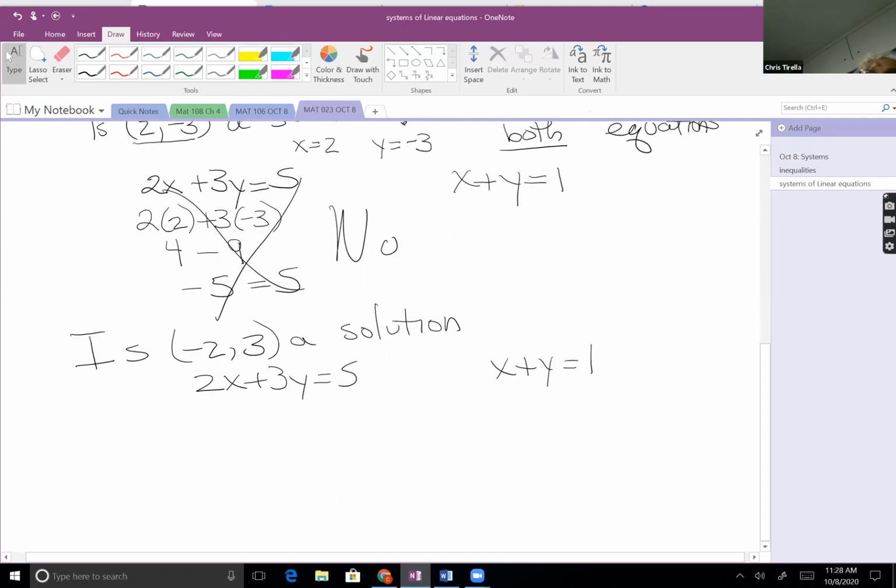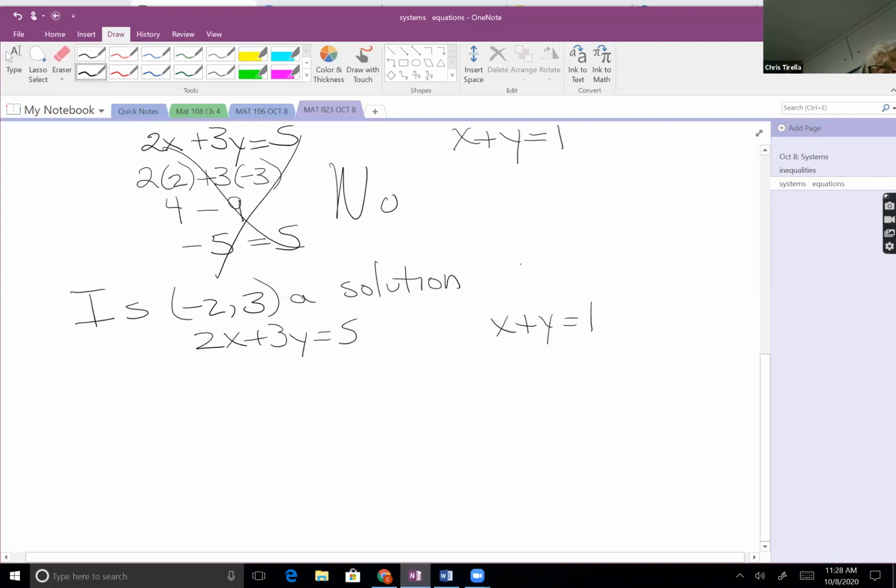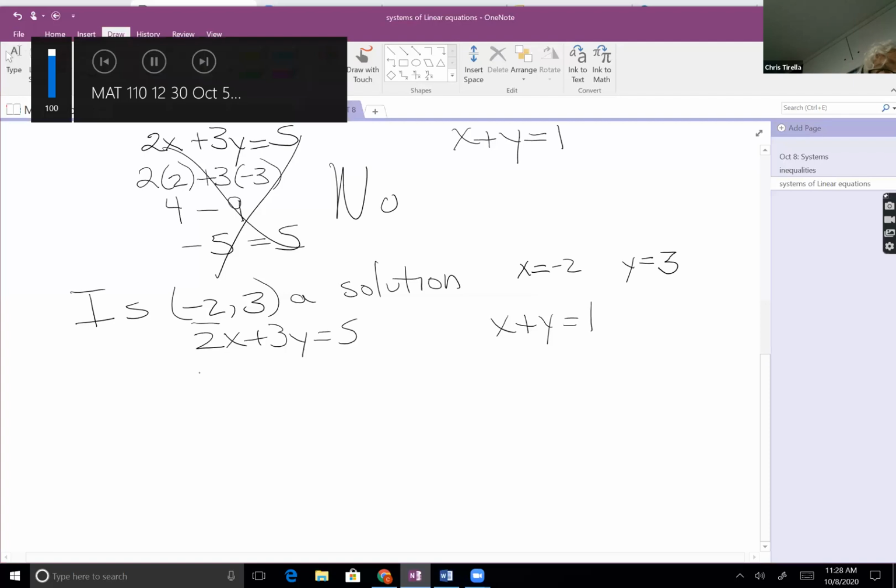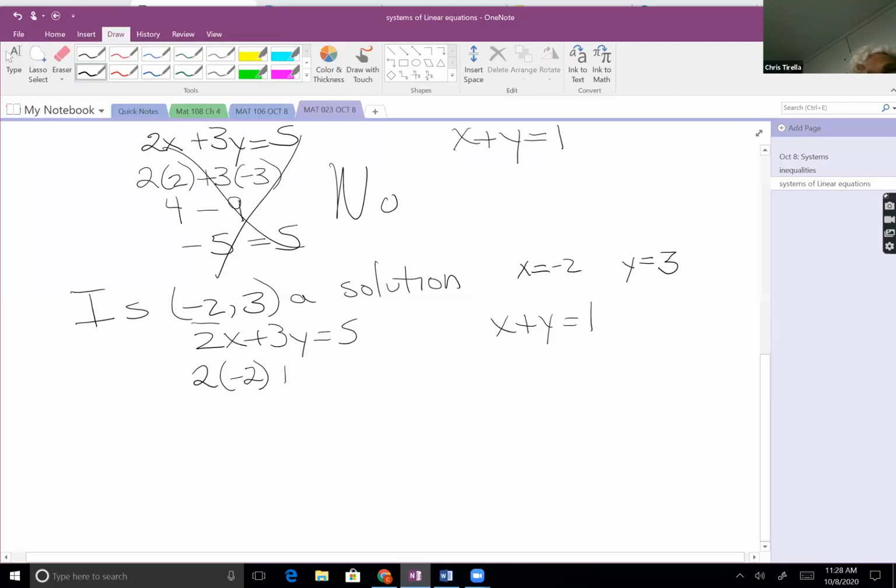This time, looking at the point, we would substitute for x the x value, -2, and for y the y value, 3. That gives me 2 times -2 plus 3 times 3, which is -4 plus 9. Does 5 equal 5? Does that one check?